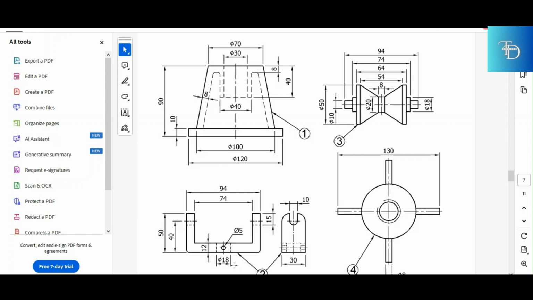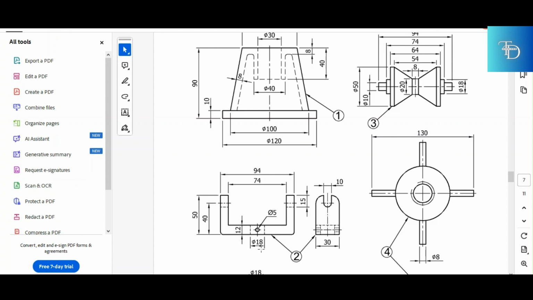For the matching dimension. At the bottom side, we have diameter 18. Do we have anything else that is diameter 18 on the base? No, we do not. Which means this part number two doesn't go directly to the top of the base. Which means there's something of diameter 18 that plugs through part number two.